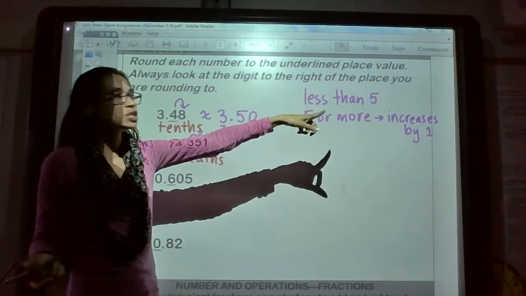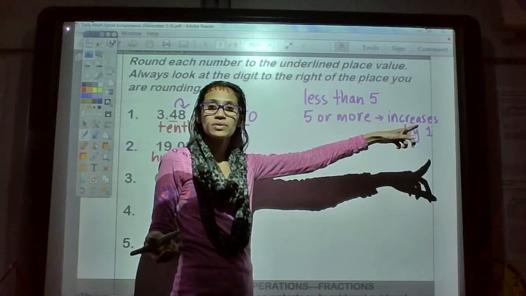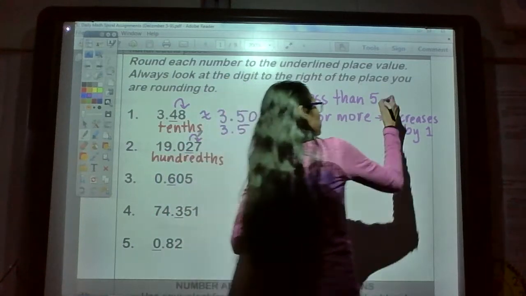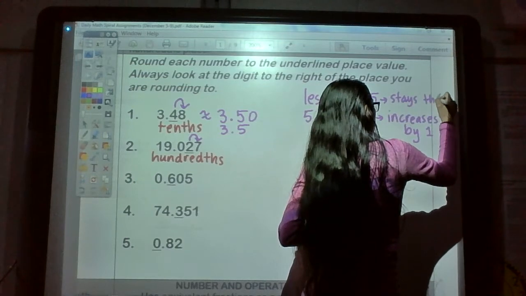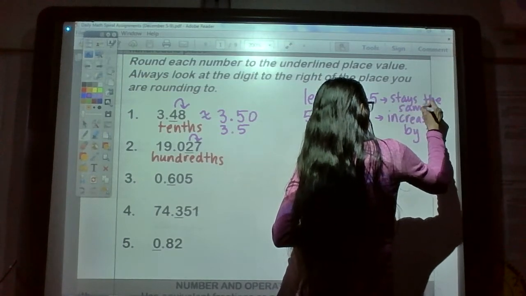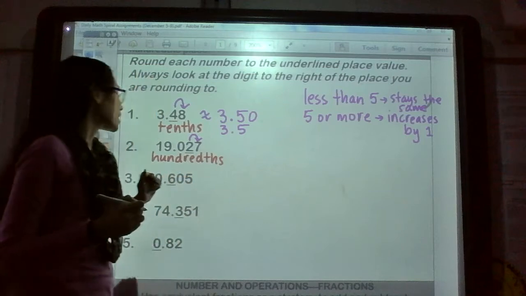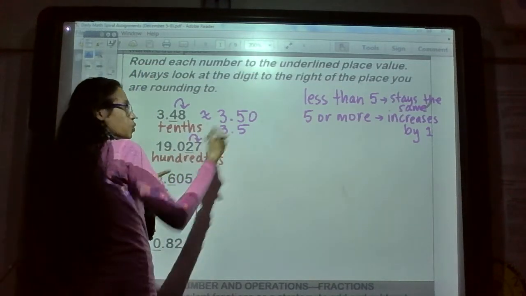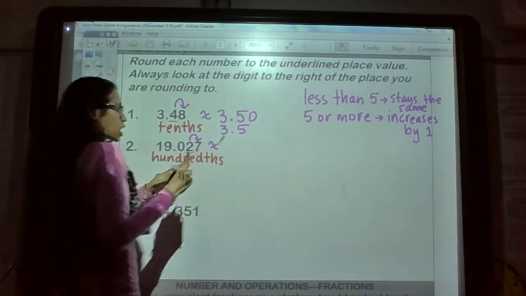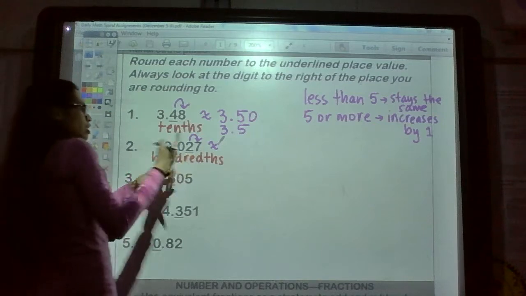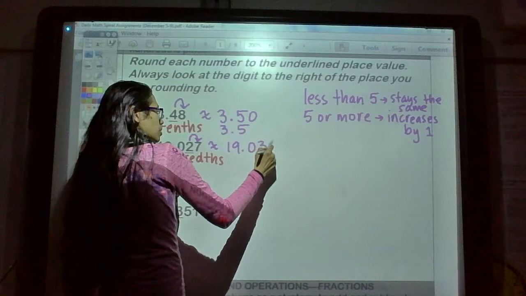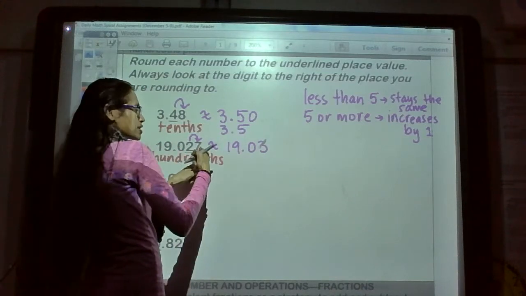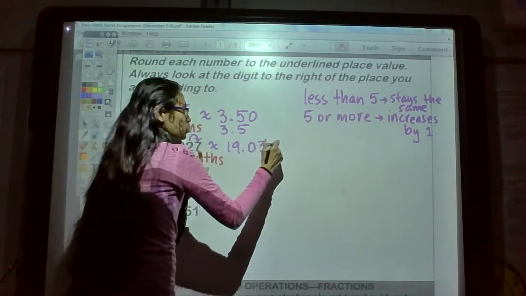Now, who remembers what the rule is if it's less than 5? It'll stay the same. If it's less than 5, it stays the same. So since that 7 is more than 5, that 2 becomes a 3. So I need to write 19 and, see, the 2 became a 3, and that 7 becomes a 0.